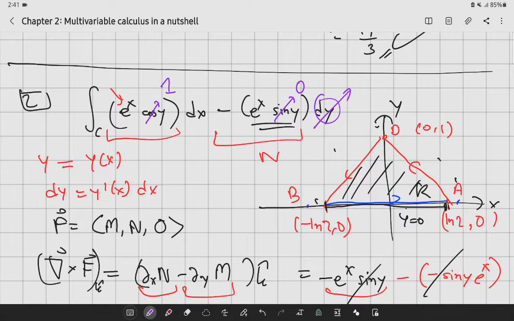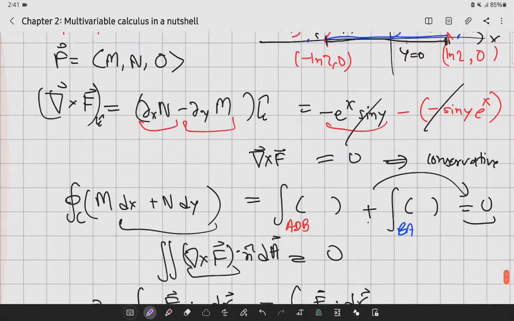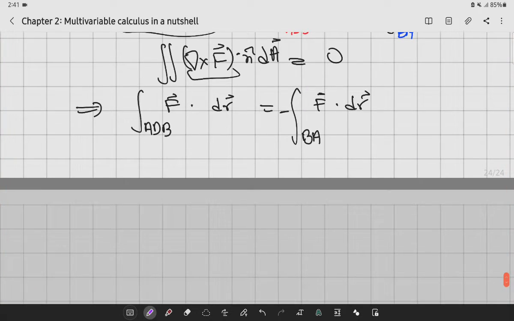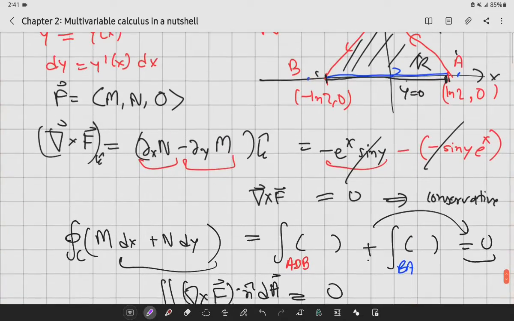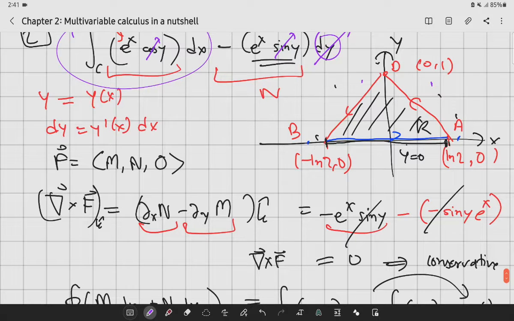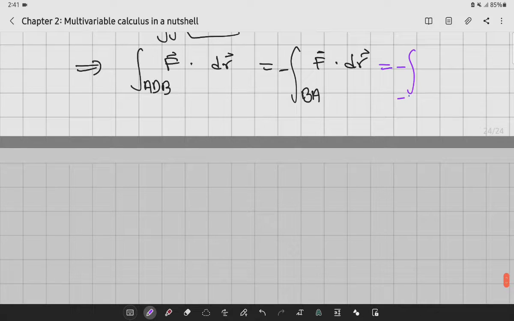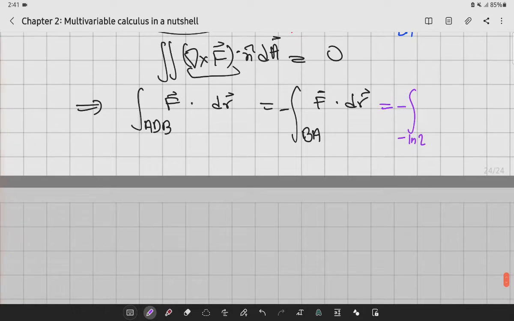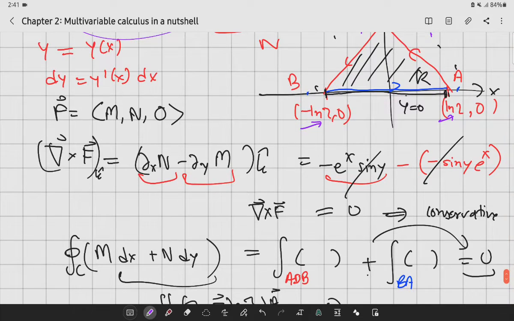So you only have to do this integral instead of going through two different line integrals, nasty little ones. I can just do this thing, integral minus integral, and look at this, B to A, B starts at minus ln 2 to plus ln 2. So I'll have the limits of integration minus ln 2 to ln 2 of e raised to x cosine 0, which is 1, dx. And the y simply disappears because y is kept constant in this path.